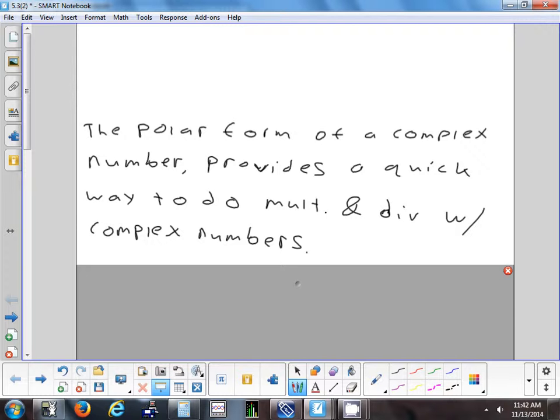Addition and subtraction, you can't really get any faster than what we have. You're just combining like terms. That's already pretty easy. But that division, that one was a pain. You've got to find the conjugate, multiply it out, change i squareds to -1. There's a lot of steps. Most people don't find FOIL overly hard, but it is a lot of steps.